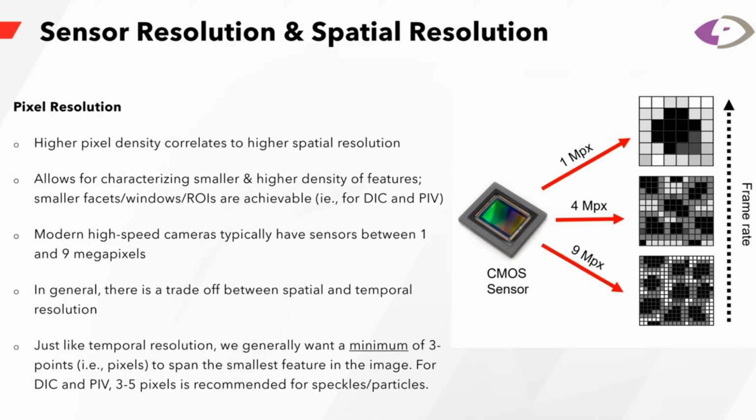So how then do I choose spatial resolution? Well, again, it is somewhat subjective, although there are some restricting factors. We typically need 3 points or 3 gray values in space to determine a feature.